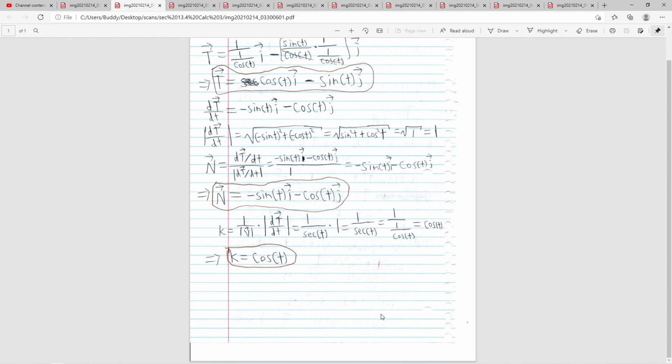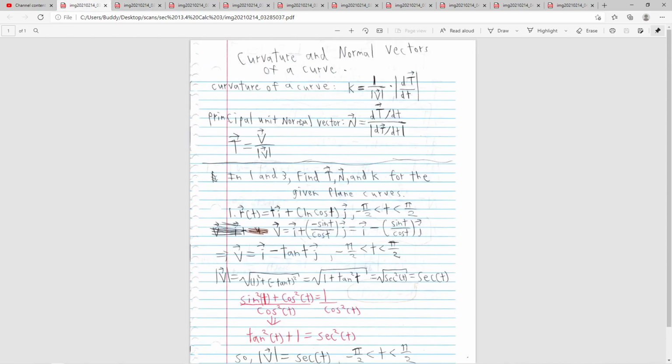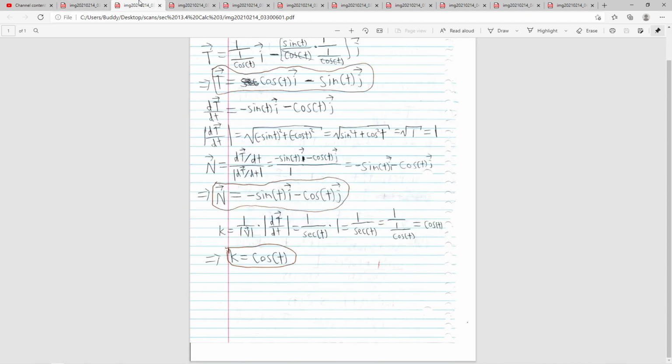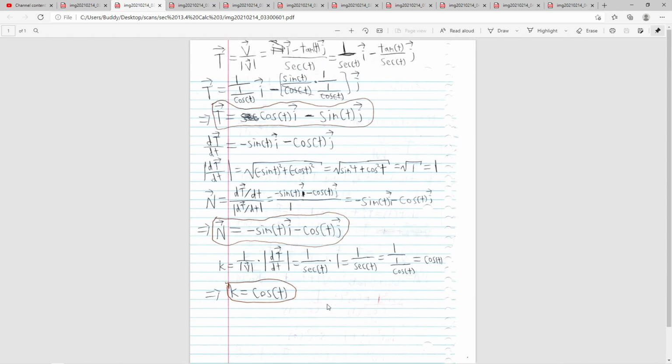That's your n vector, the principal unit normal vector, as the technical term goes. And then the curvature k, or kappa. I'm not sure which one off the top of my head, probably kappa. You can't always tell just looking at a book; you have to look up if it's officially kappa, because it looks just like K to me. But that's the problem with Greek letters. Sometimes it's hard to tell.